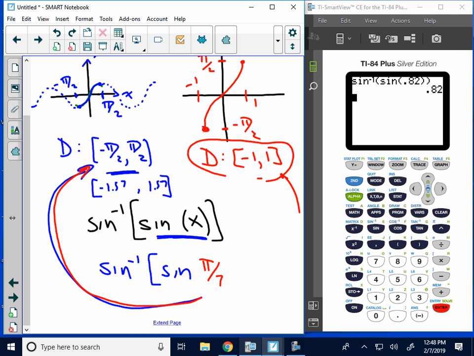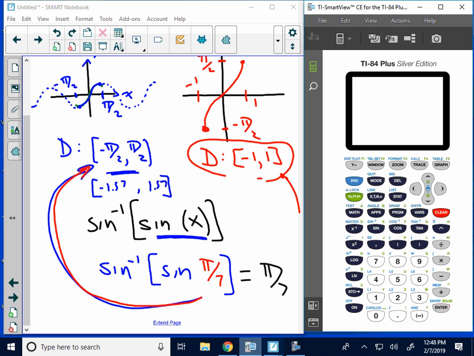Certainly a seventh of a pi is between negative pi over 2 and positive pi over 2. So that's legitimate. I will know without my calculator that this works out to be pi over 7. You can try it on the calculator. It's not going to be quite as satisfying because the calculator doesn't print out pi over 7.